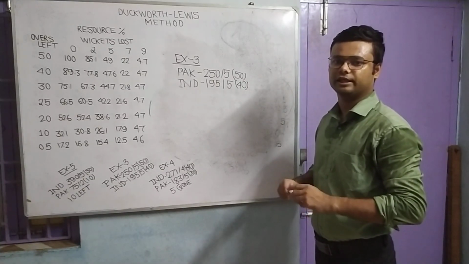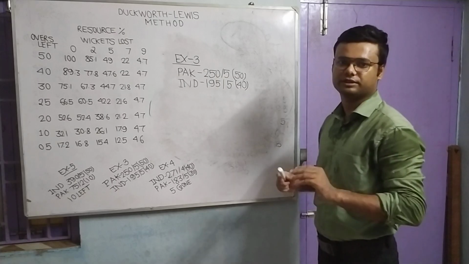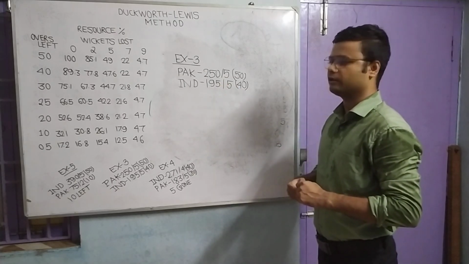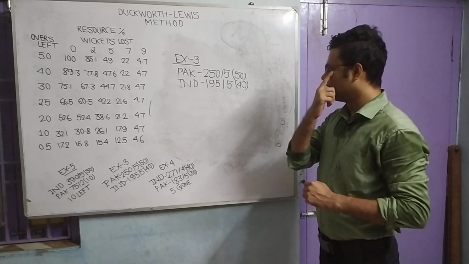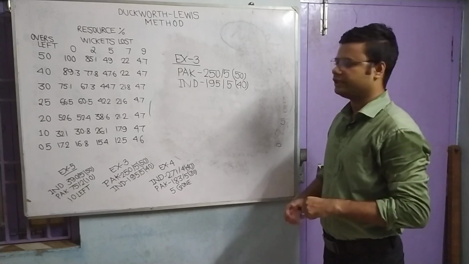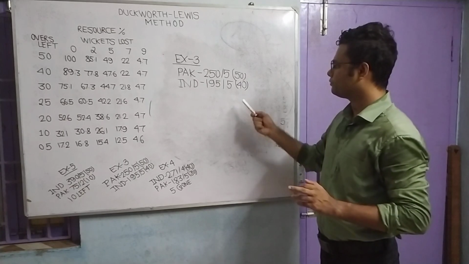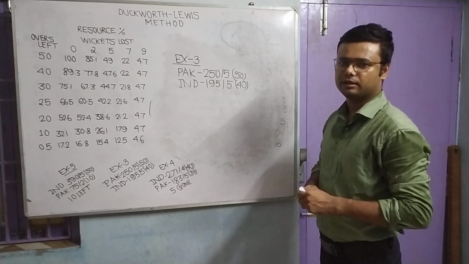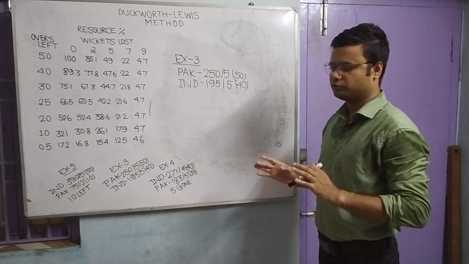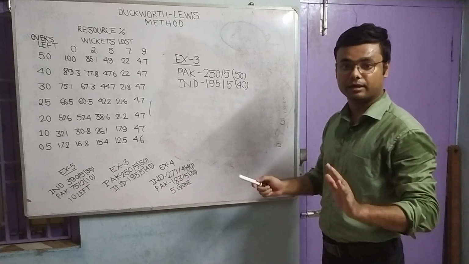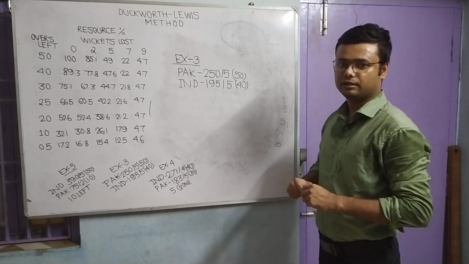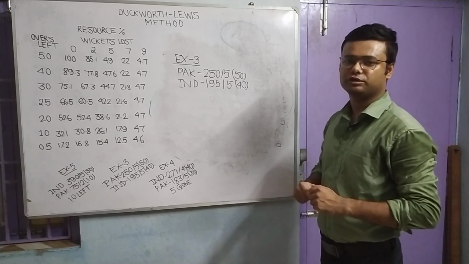Pakistan had won the toss and elected to bat first, and in their 50 overs they scored 250 for 5. When India started their innings and were at 190 for 5 after the completion of 40 overs, rain appeared, and due to incessant rainfall, the match was abandoned. India had no opportunity left.